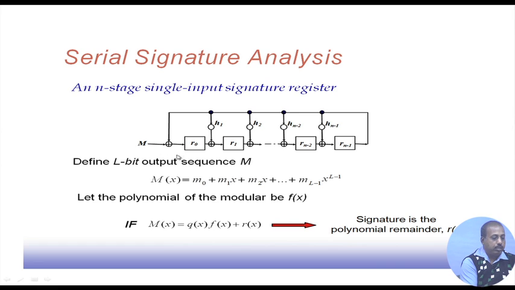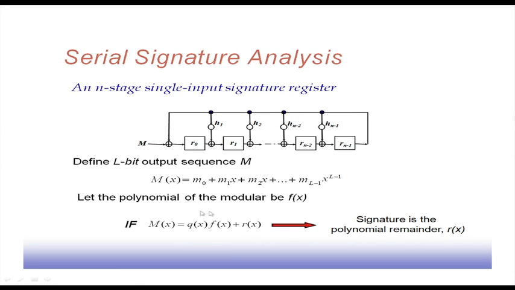Now, this L bit sequence can be defined as m0 plus m1 x plus m2 x squared plus up to m(L-1) x to the power L minus 1, and let the polynomial of the modular LFSR be f(x). Now, if m(x) is given by q(x) into f(x) plus r(x), then the signature of the polynomial is the remainder r(x).